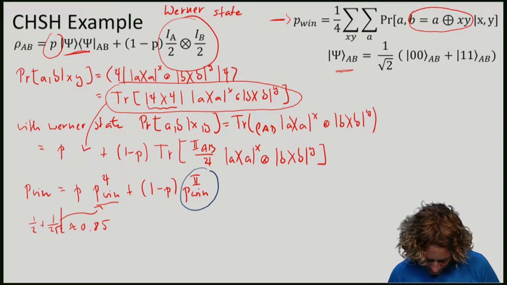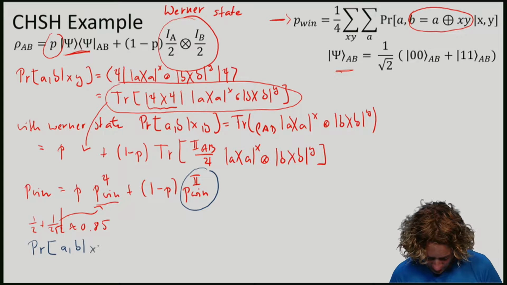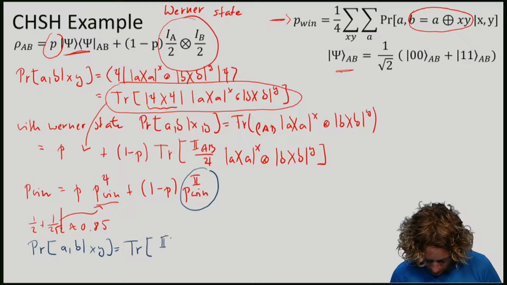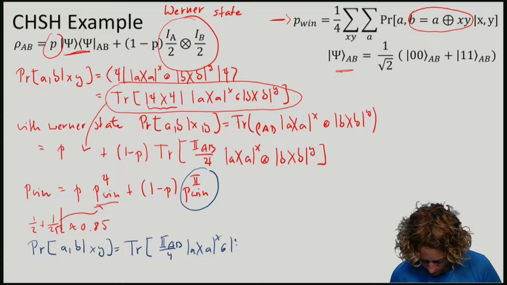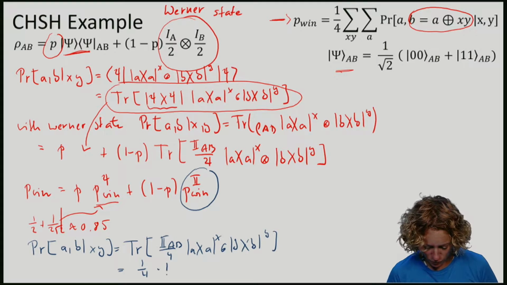To compute this, note that the probability of seeing A and B given x and y on the maximally mixed state is the trace of the identity on A and B over 4, times these measurement operators, which is just 1 over 4 times the trace of these vectors, which is 1.